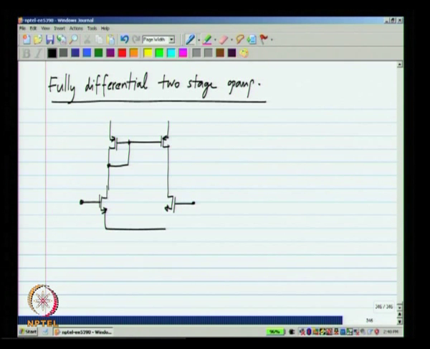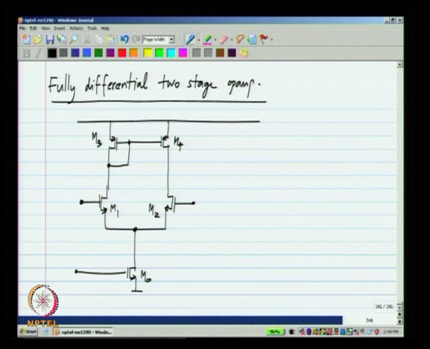This is the first stage with a differential input. And the second stage is a common source amplifier. Okay, and we can connect some load to this point.